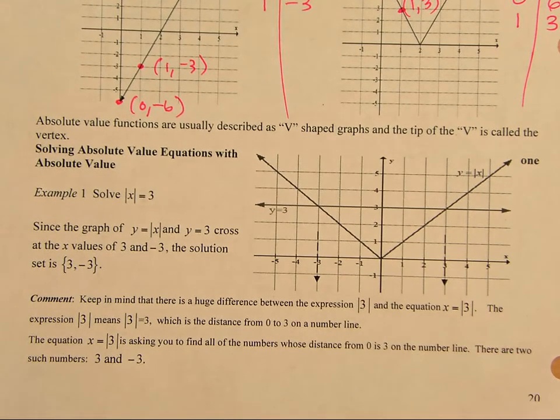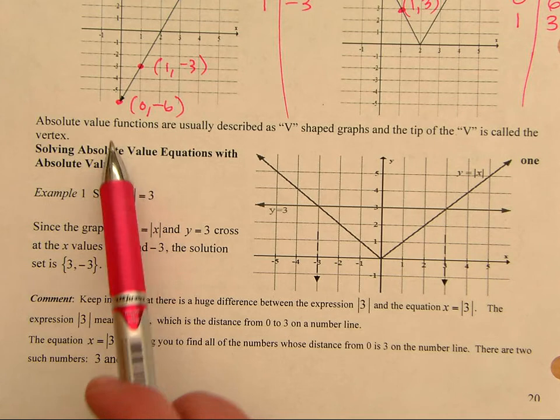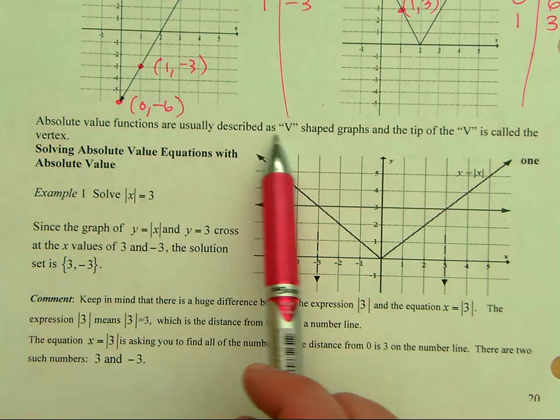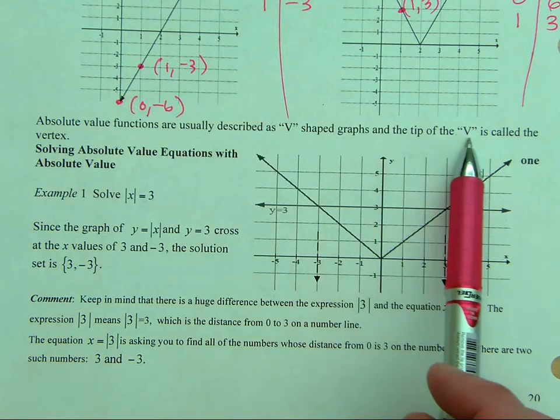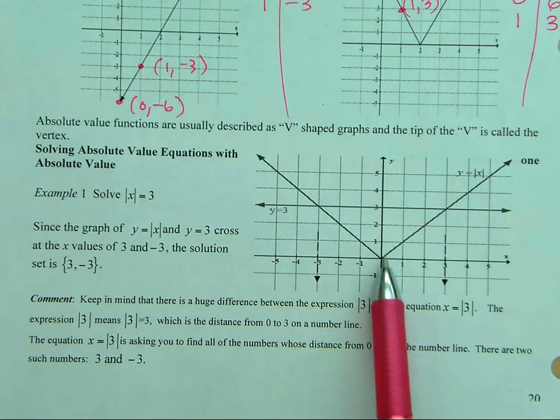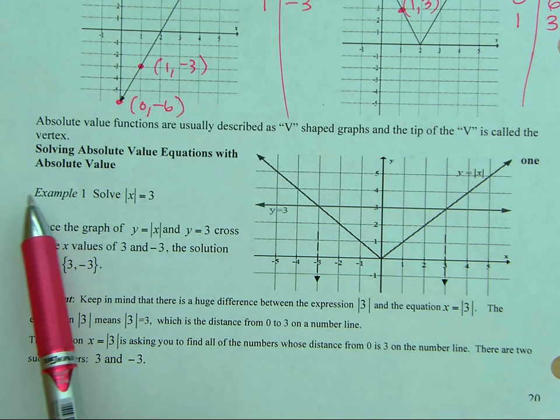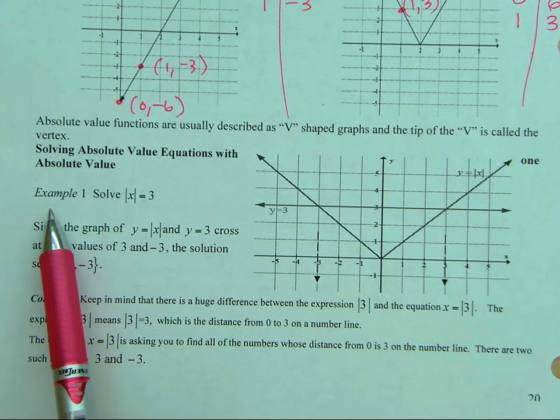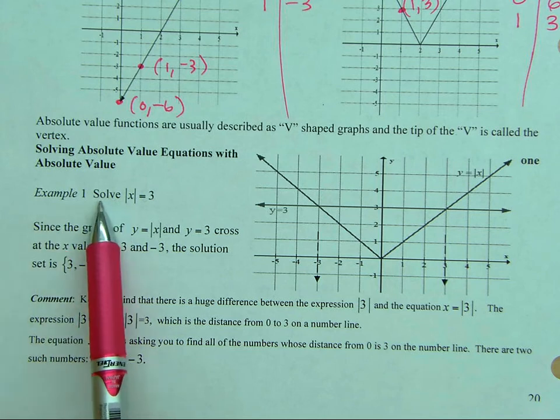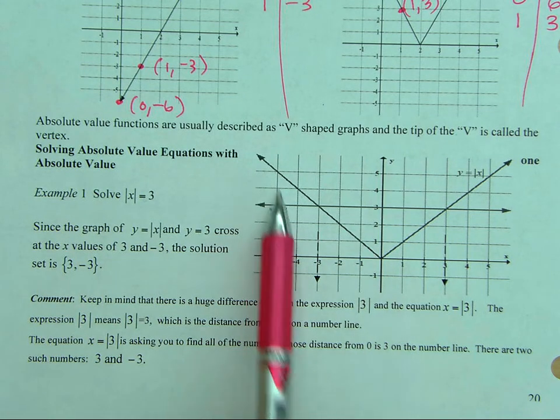Okay, so the absolute value functions are usually described as a V-shaped graph, and the tip of the V is called the vertex. That's very similar to what we learned about quadratics, right? So in this example, we can solve an absolute value equation. We can actually solve it graphically.